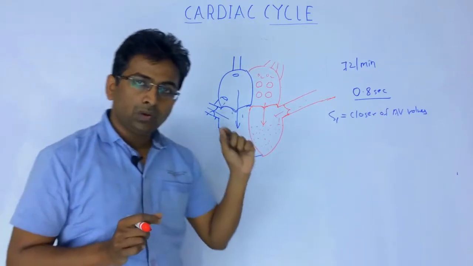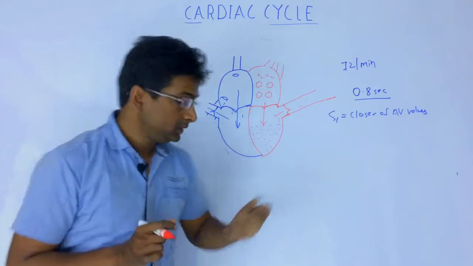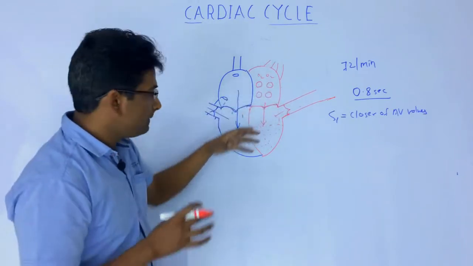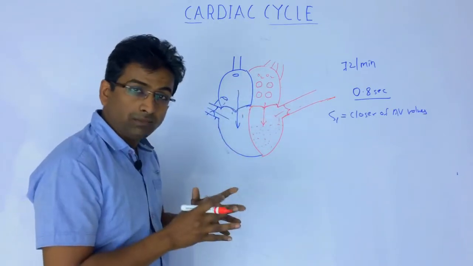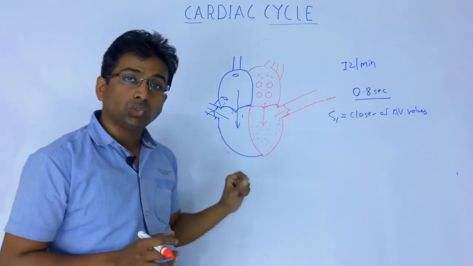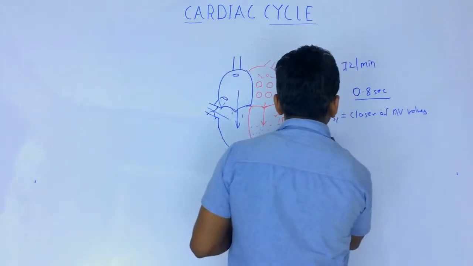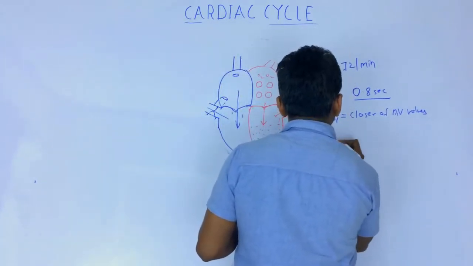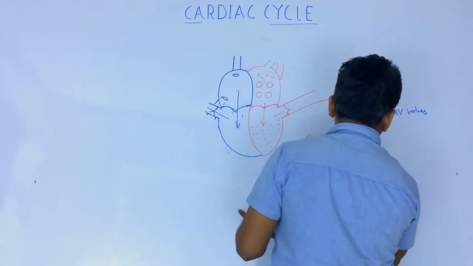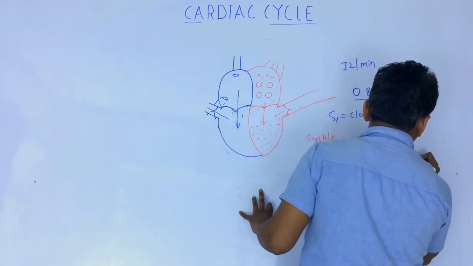So now the ventricle is contracting as a closed cavity. AV valves are closed, semilunar valves are closed, the ventricle is contracting as a closed cavity. So that is called isovolumetric contraction. So if you see systole, the first phase of systole is isovolumetric contraction.